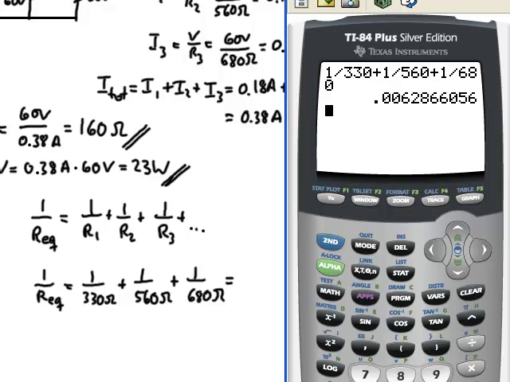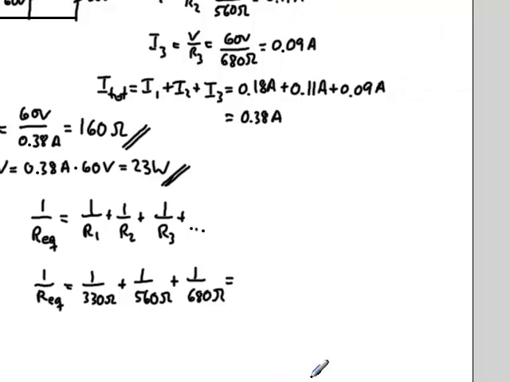Hit enter, and I come up with this number here, 0.0063 rounded, but that's not the end result, because I still have to invert that, because it says 1 over the equivalent resistance equals this number here, and the units, by the way, at this point are 1 over ohms. I need to have ohms as equivalent resistance.